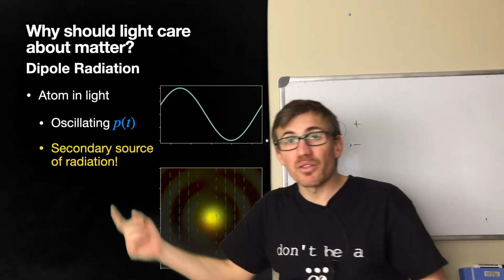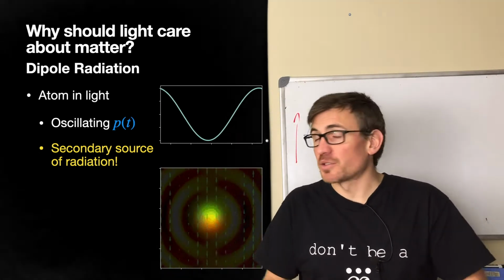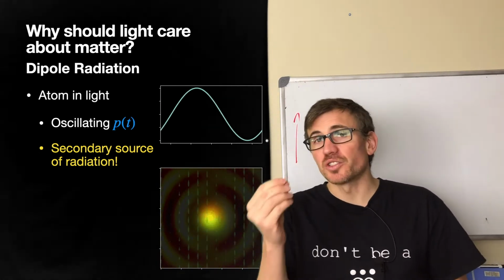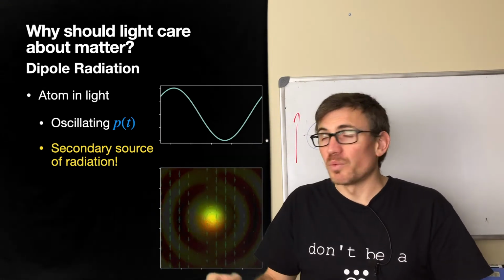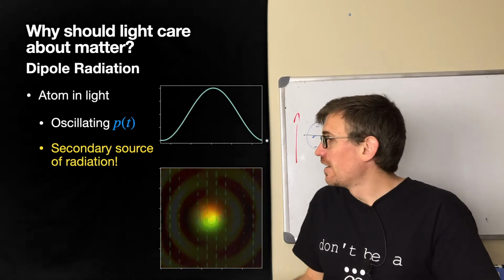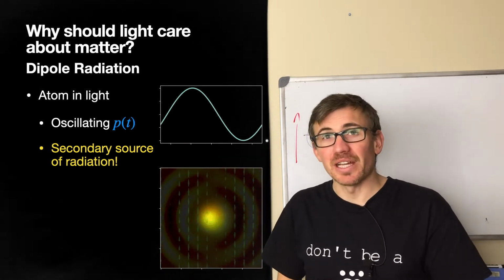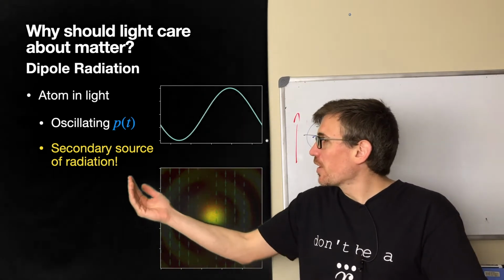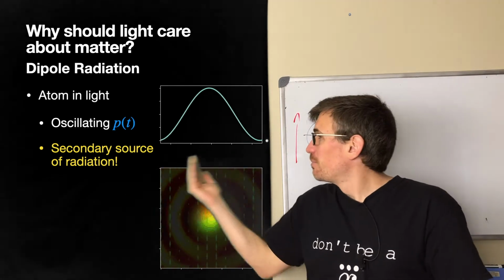Light is traveling through, say, an atom. There's probably a ton of atoms around here, but let's just concentrate on one. The electric field is wiggling that dipole with some amplitude, and that wiggling is producing a secondary source of radiation. And what's actually coming out then is the original field plus the field induced by the atom.